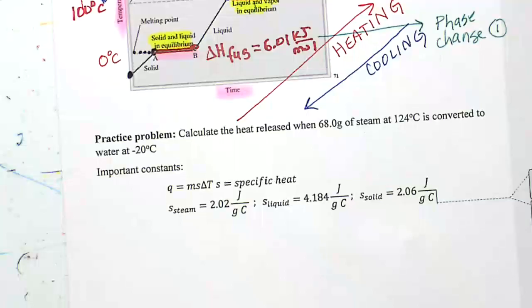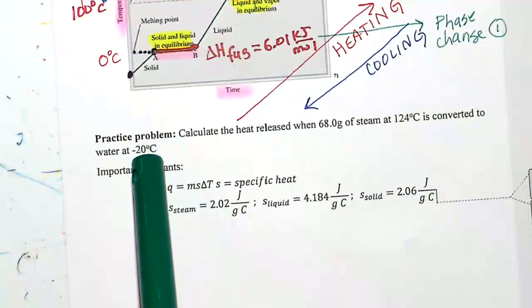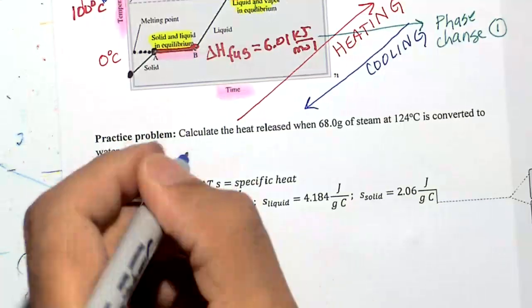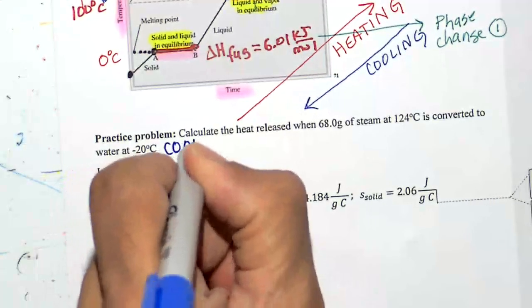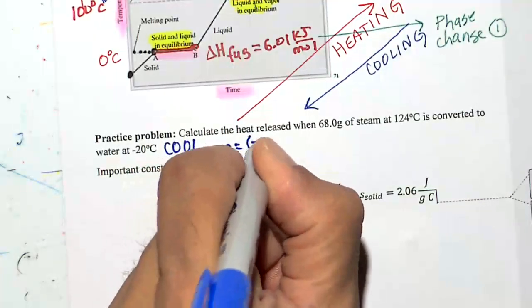We're going from 124 to minus 20. I think some parts in the Midwest reach these temperatures. Are we heating or cooling?